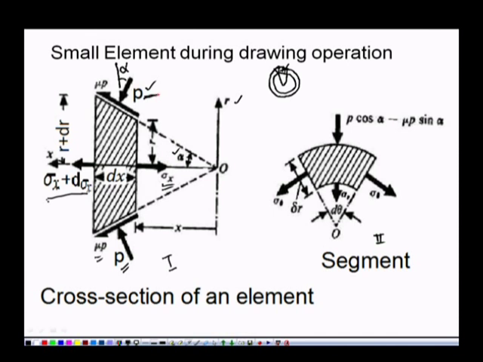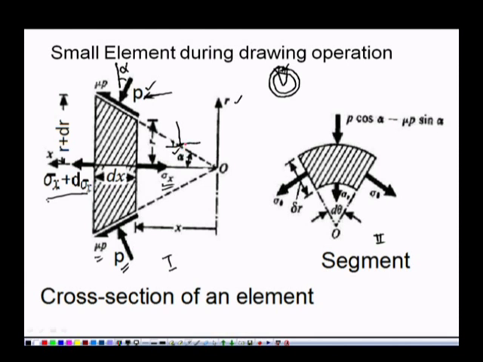This would be against our pressure, the drawing force. So here P cos alpha, it is alpha here, and this one is also alpha.